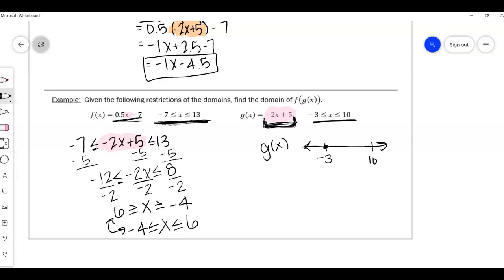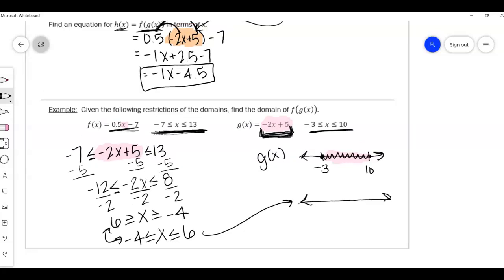So all of the numbers, including negative 3 and 10, were in g's domain. Well, we just found out that the numbers that were allowed to plug into g to then make it okay to plug into f are between negative 4 and 6.